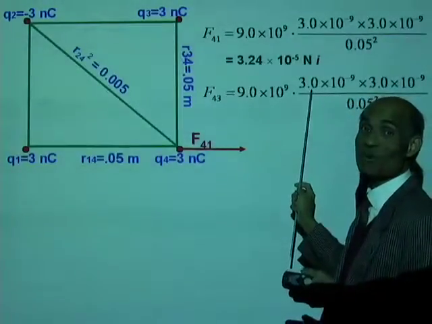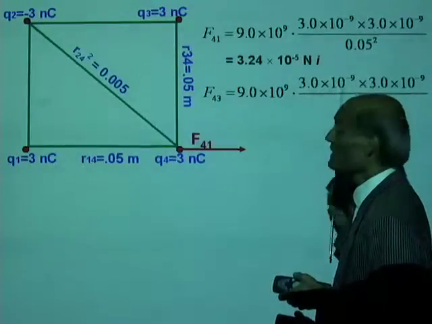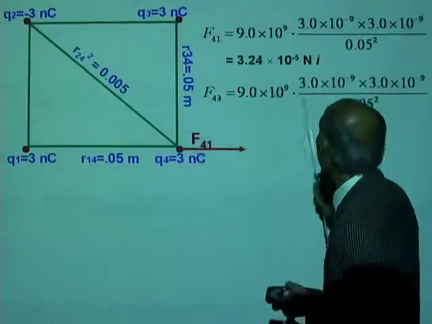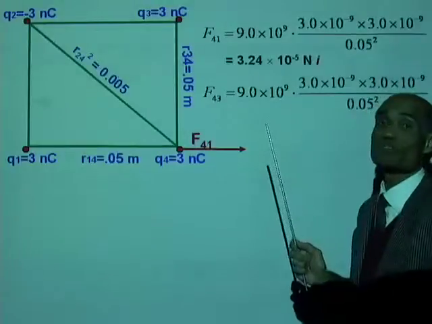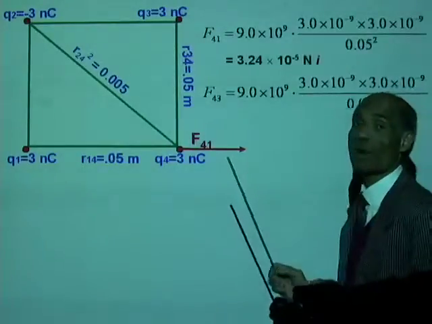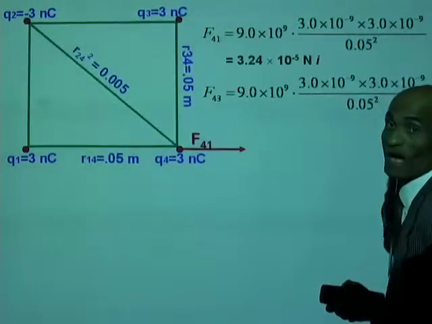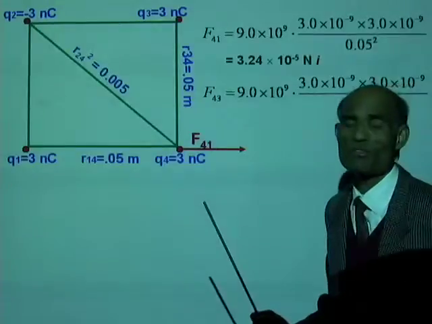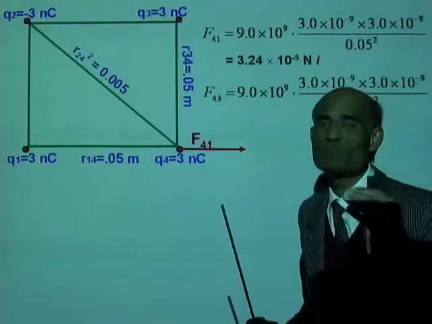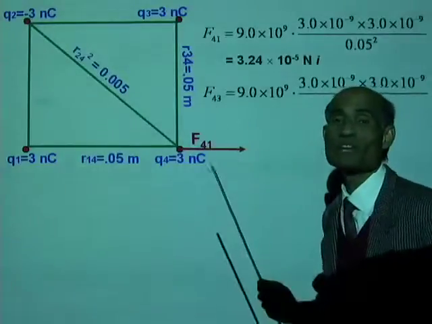Remember, 3 nanocoulomb, 3 times 10 to the negative 9, times this is also 3 nanocoulomb, 3 times 10 to the negative 9, over 0.05 squared. Now, sometimes some part on the screen may be cut off. That's why I want you to keep the PowerPoint printed in front of you when you watch these lectures.